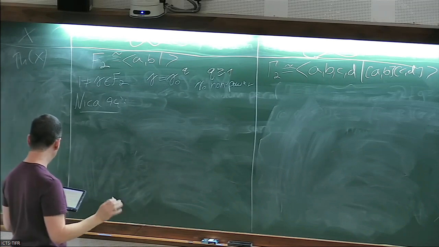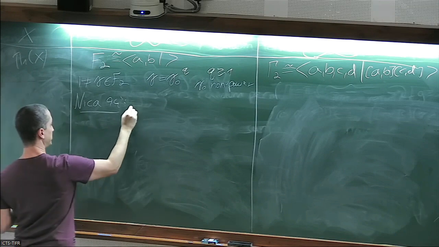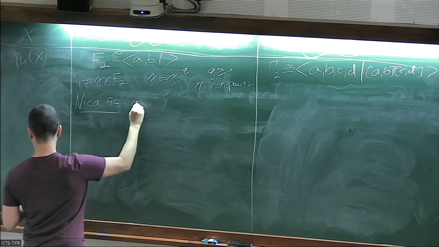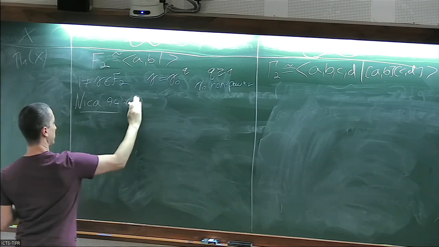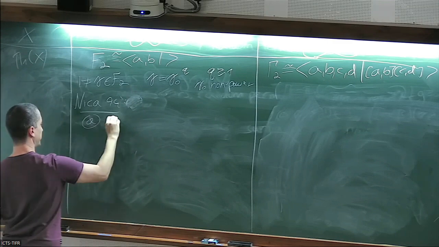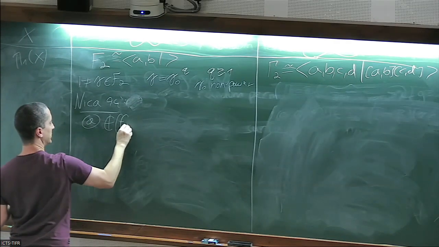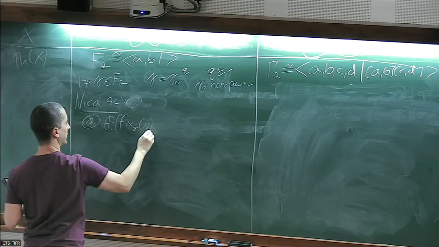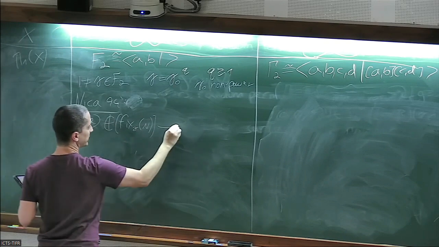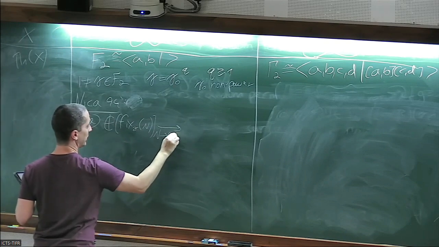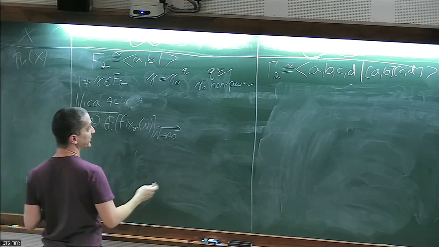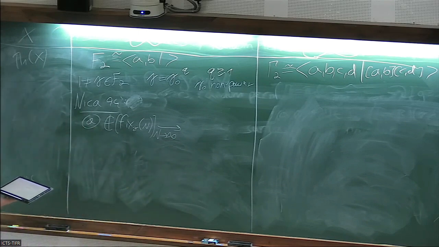There are 2 results. First, as n tends to infinity, the expected value of fixed points gives the same answer as for uniform random permutations.